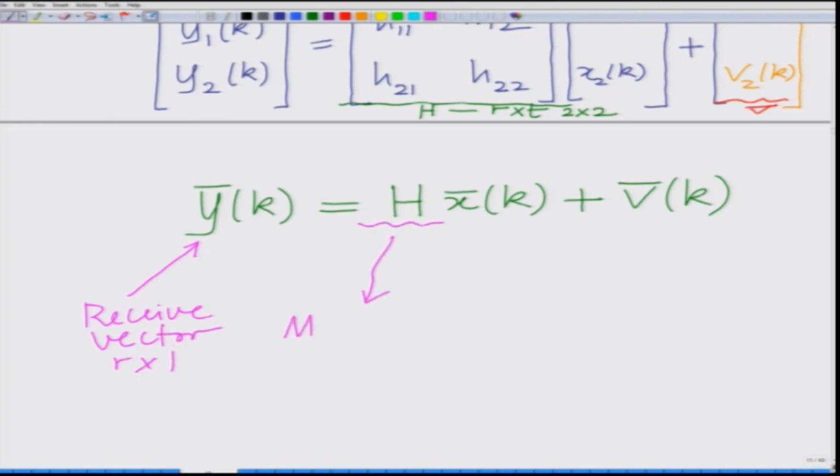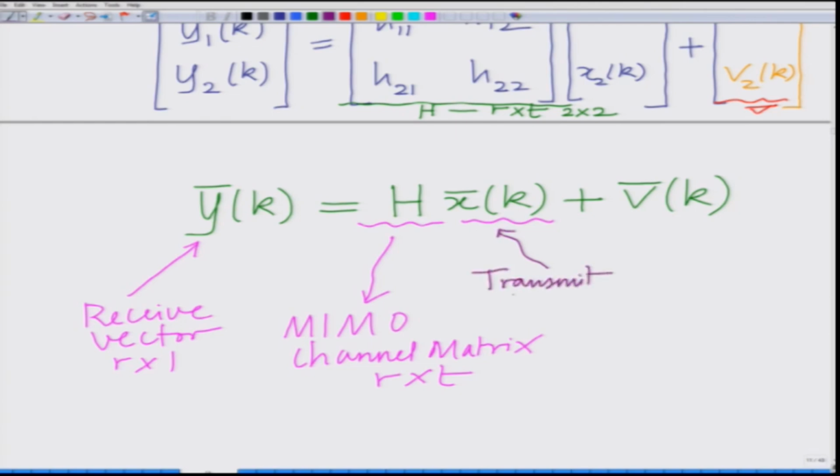This is the MIMO channel matrix, which is R cross T. This is the transmit vector, which is T cross 1. And this is the noise vector V bar at time instant k, which is R cross 1.